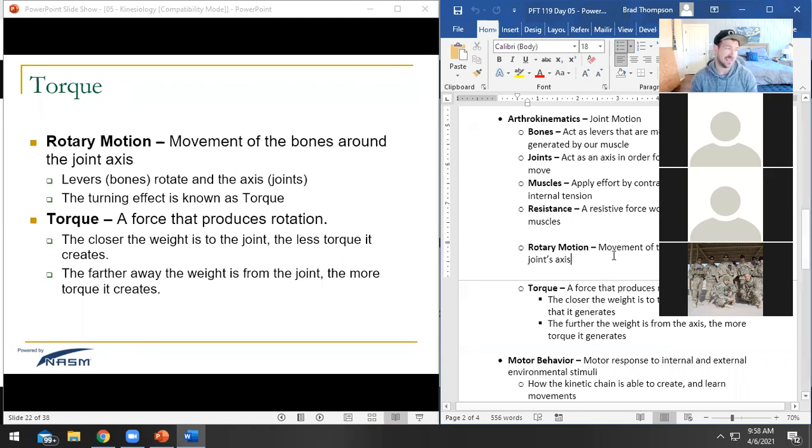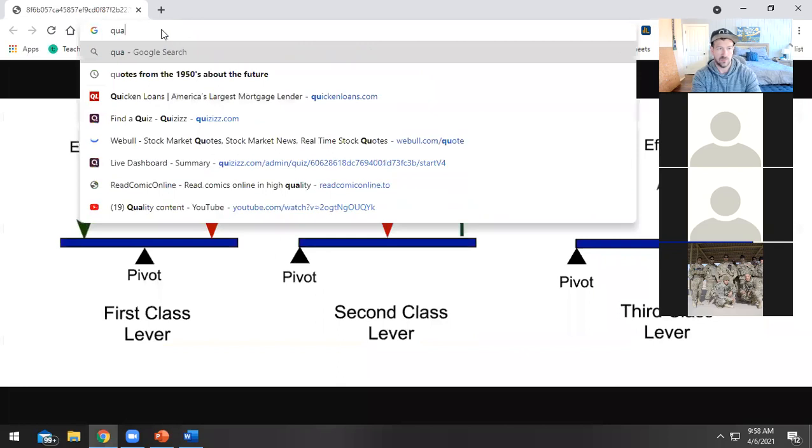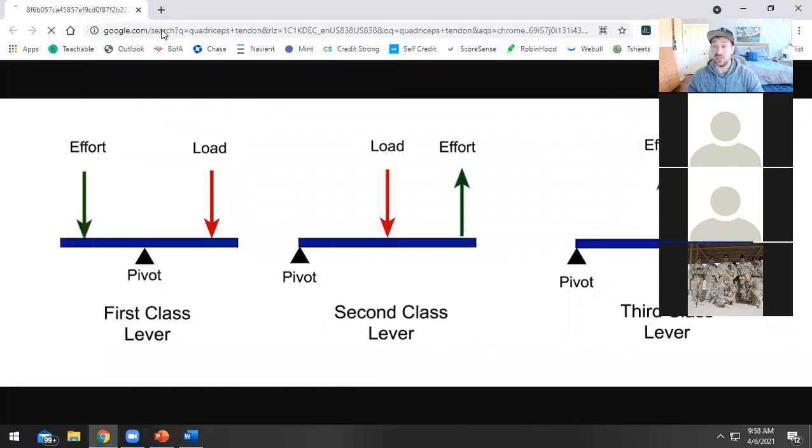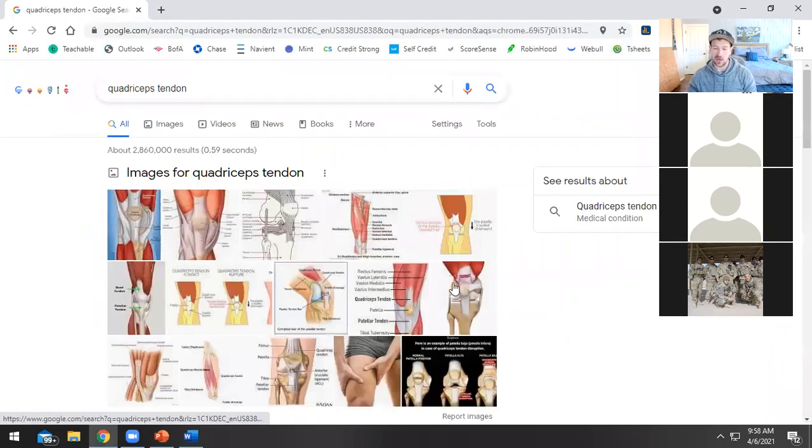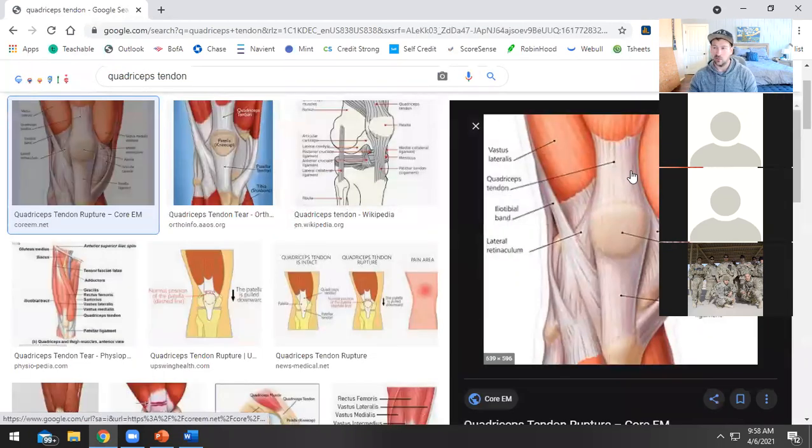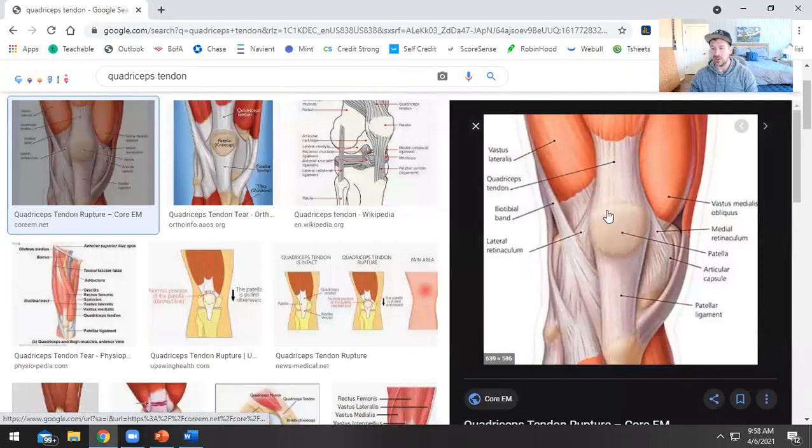So we're going to be looking at this concept called mechanical advantage. Mechanical advantage is basically how easy it is for a muscle to produce that force. Your quads are very similar to your biceps, but the difference is, if you look at your quadriceps, they've got this really cool little bone called your patella, your kneecap, which is actually running around the center.